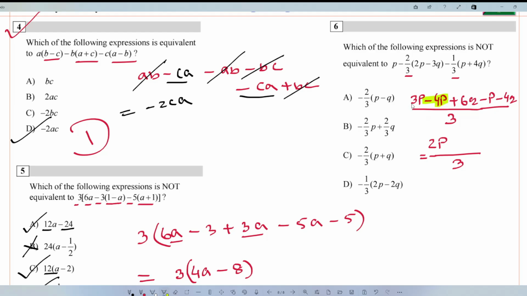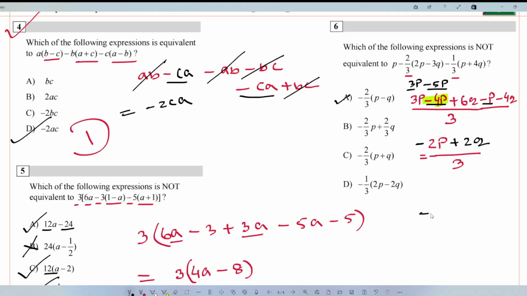So look, 3p and minus 4p minus p, so it will become minus 2p. How? Minus 4p and minus p, it will become 5p and minus 3p. So 3p minus 5p, it means minus 2p. Okay, and then here is 6q minus 2q, so here is plus 2q, divided by 3.